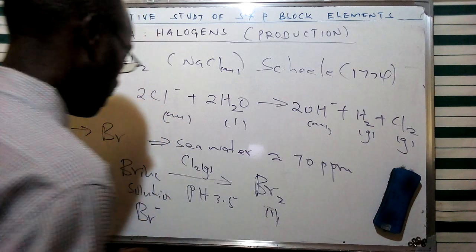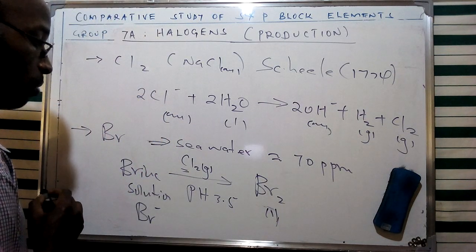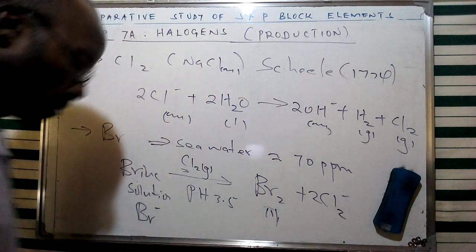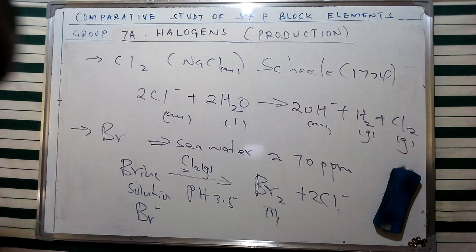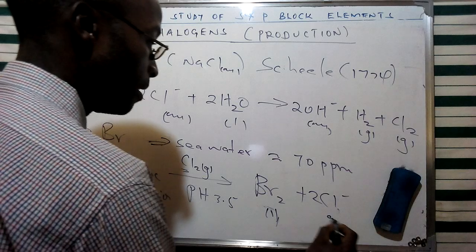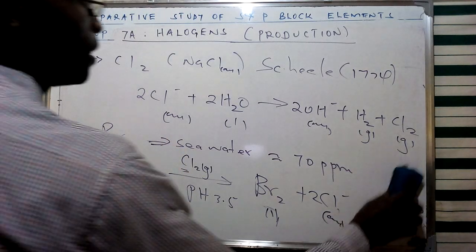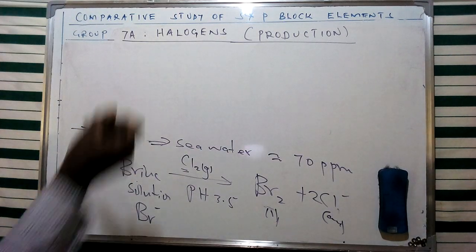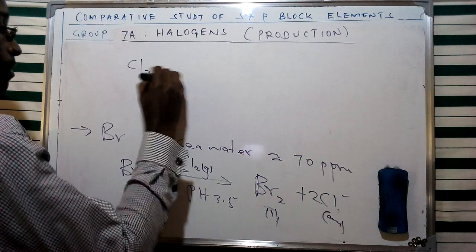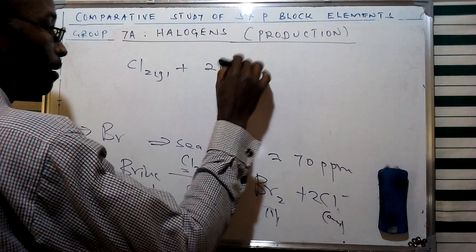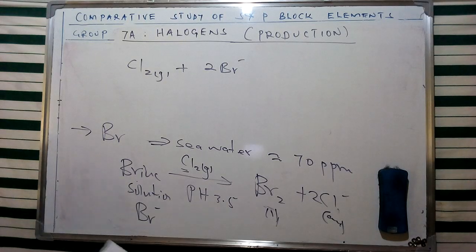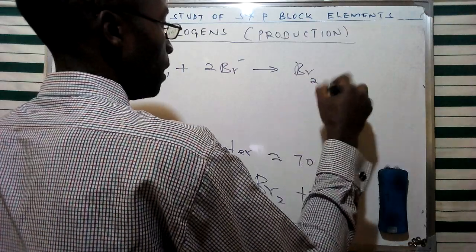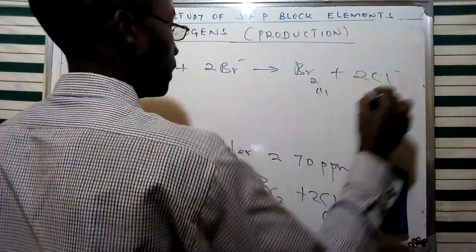So in this case, I said that basically the introduction of chlorine is going to be oxidizing this, so therefore it is going to be reduced, and we're going to expect the chloride ions being part of the product. Therefore I can give an elaborate equation for this reaction, whereby we're going to have the chlorine gas reacting with the bromide ions, leading to the oxidation of the bromide ions, and therefore we're going to have bromine, and then two chloride ions.